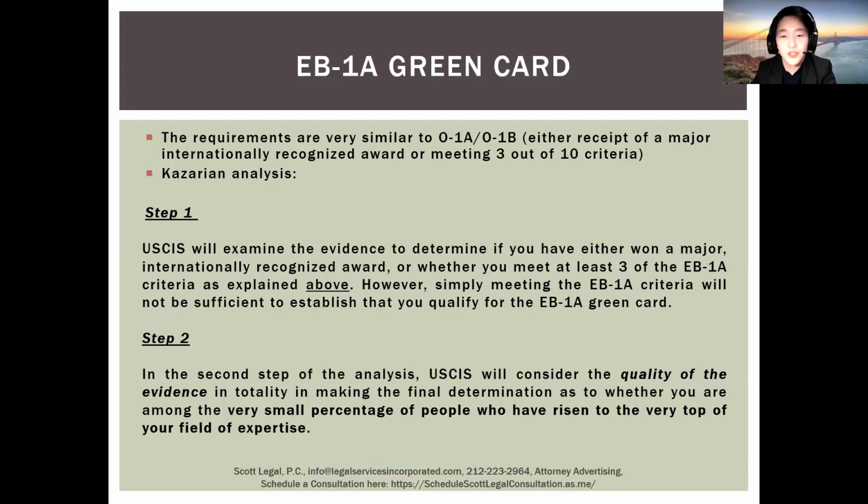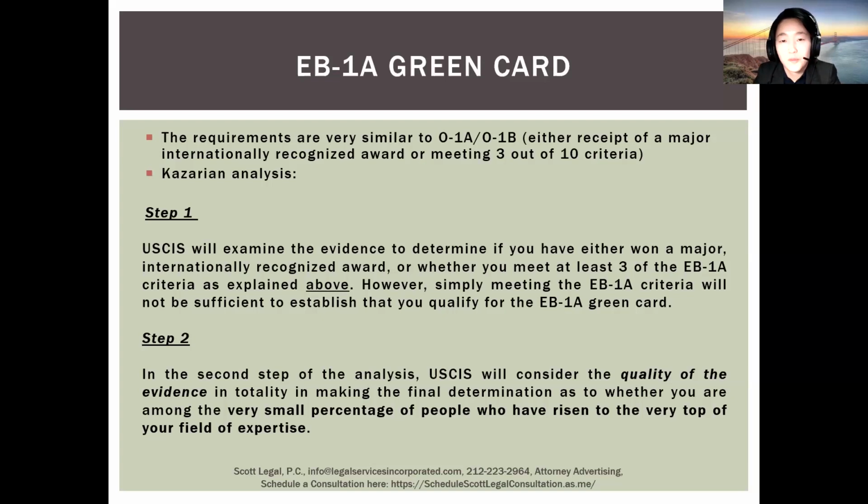So in step 2 of the Kazarian analysis, the government will look at both the quantity and quality of the evidence. So for example, if it is an award that you have submitted, how selective is the award? If it is the media article that you have submitted, how many media articles are there? Is it an article in the New York Times, or is it an article that has been published in a university newsletter, for example? What is the volume of evidence as a whole?